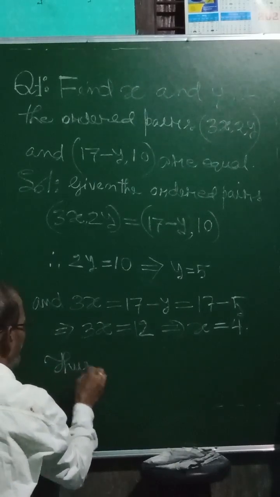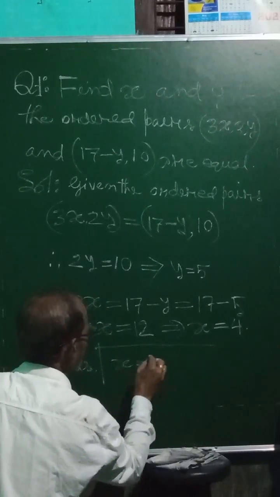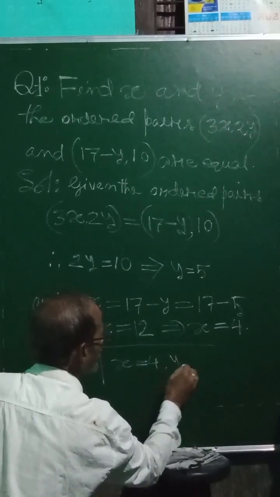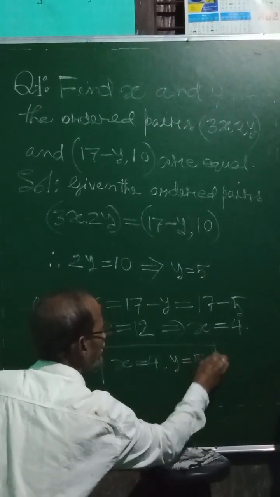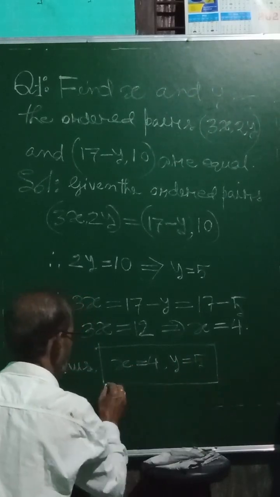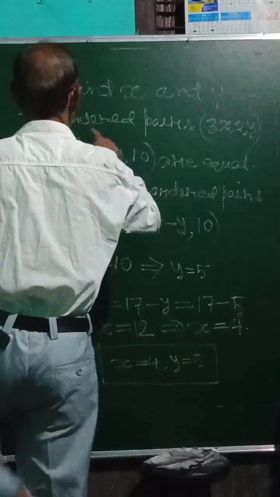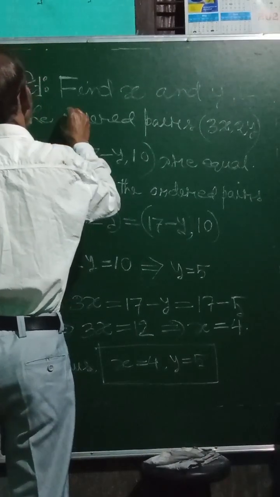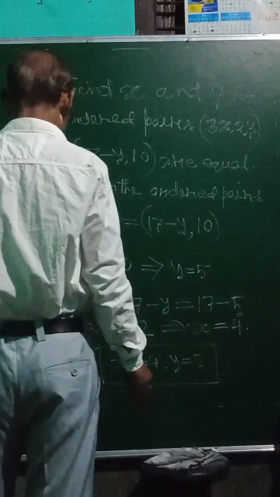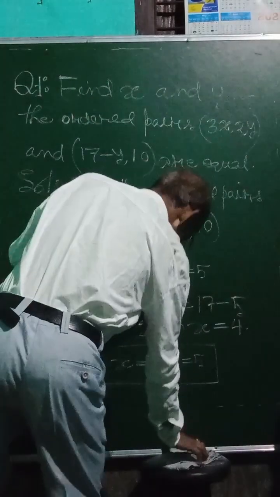Thus x is equal to 4 and y equal to 5. These are the values of x and y for which the given ordered pairs will be equal. Next we shall solve a problem from the cross product, and then we are going to define the relation in detail.